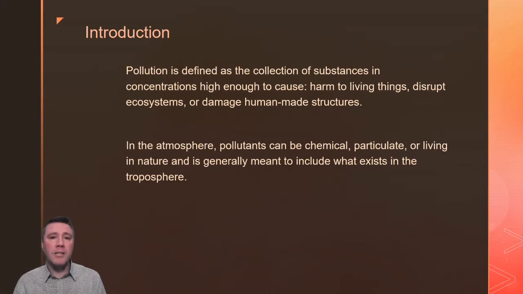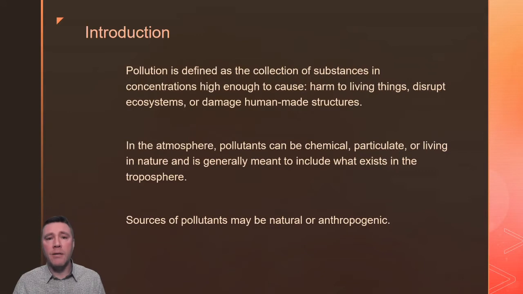Air pollutants can exist in many layers of the Earth's atmosphere, but we generally use the term air pollution to refer to that which is found in the troposphere, the lowest layer, which is where living things, like us, are found. Air pollution occurs both naturally and as a result of human activity.